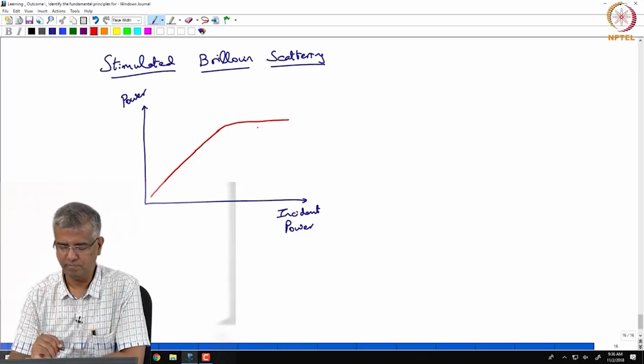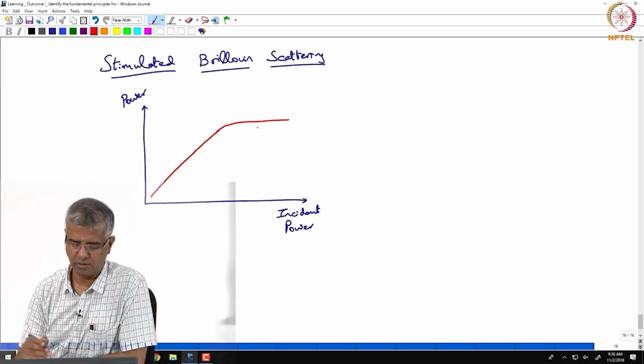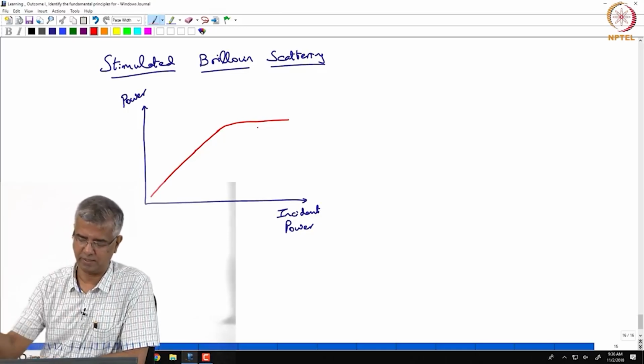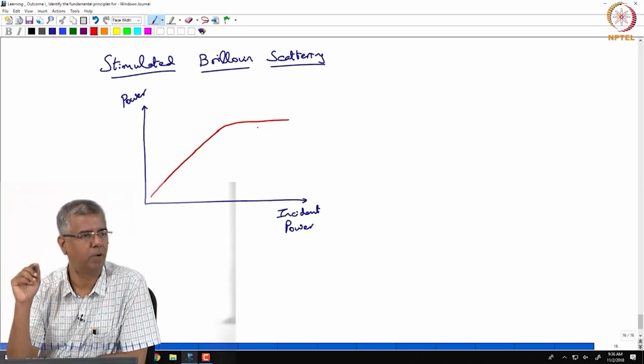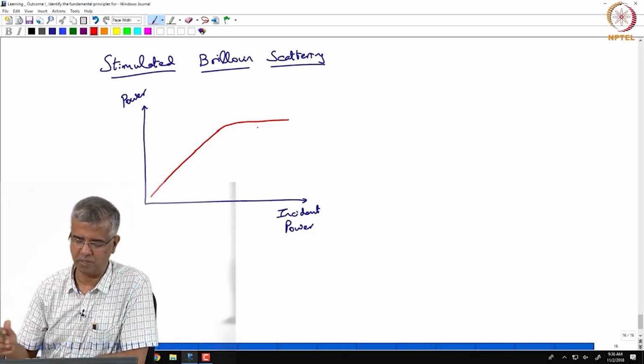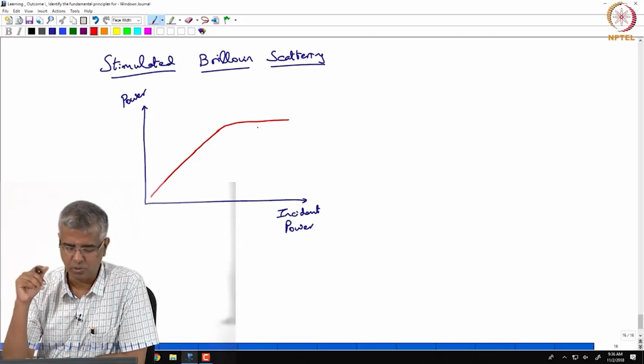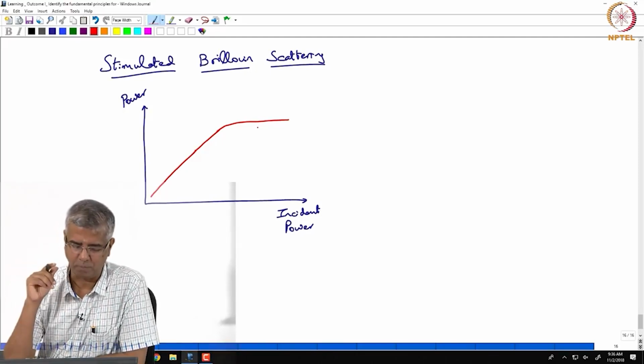It basically says that I cannot go beyond a certain power level, right? Even if I put more power, it's not going through, it's like hitting a wall. I am not able to increase the transmitted power.